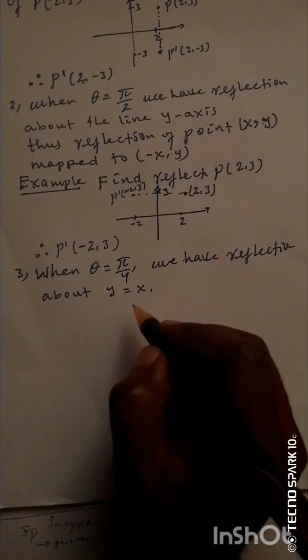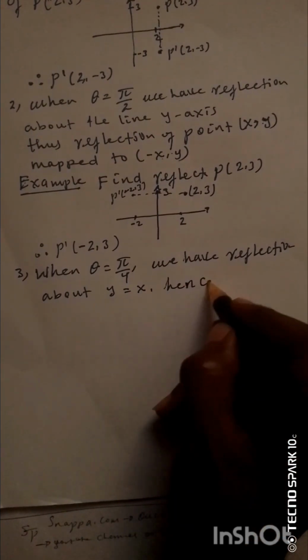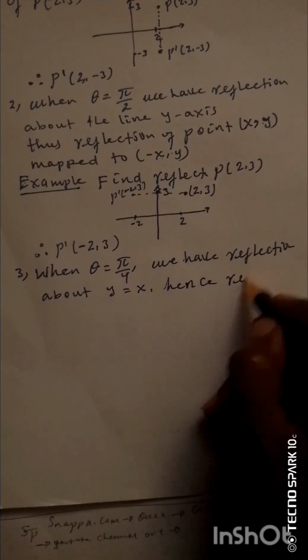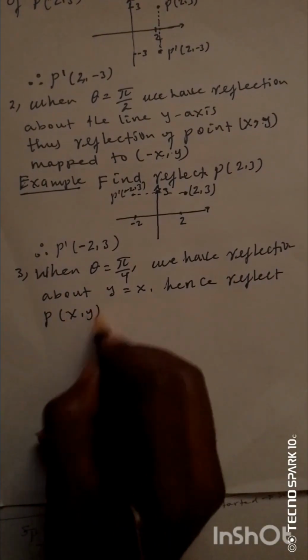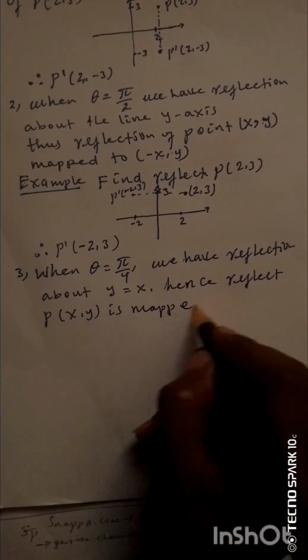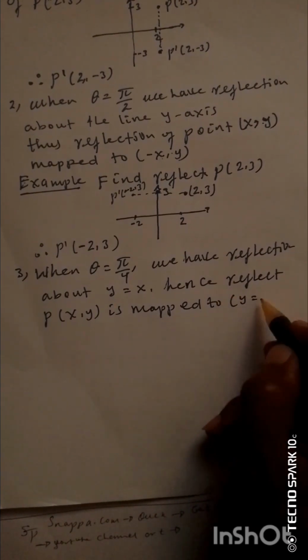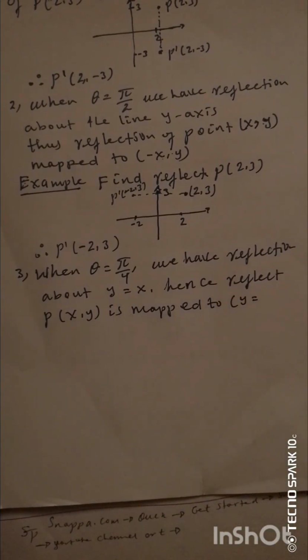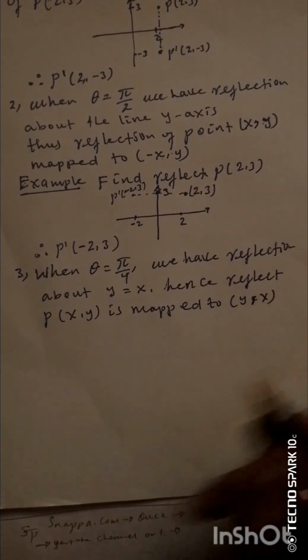The image is obtained by interchanging x and y. The second entry became the first entry. So hence the reflection of a point x, y is mapped to the point y, x.